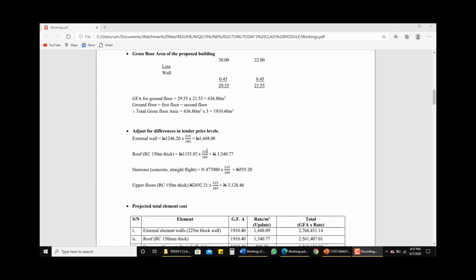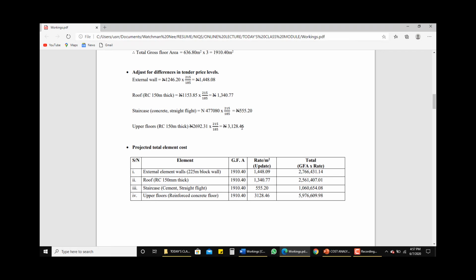So whatsoever we get here, we multiply it by the cost per square meter to arrive at the cost per square meter for the roof of the new structure. So we go on that way for the staircase too, and also for the upper floor, and we are able to arrive at the updated rates for the cost plan of the new structure.